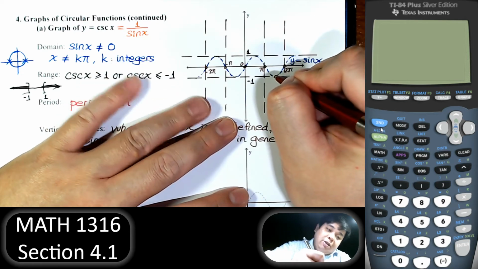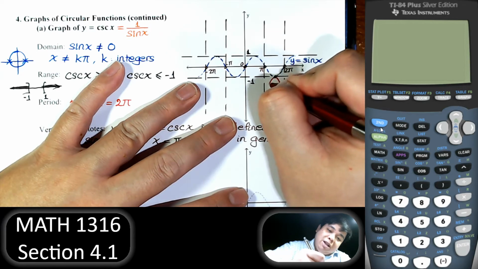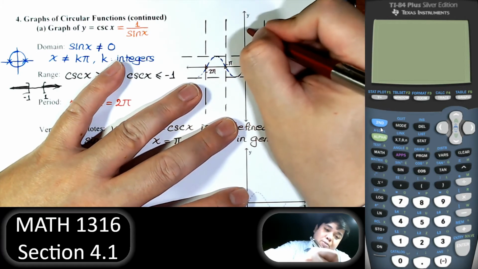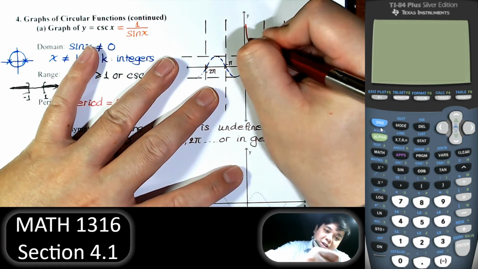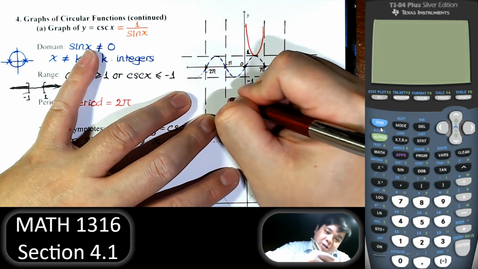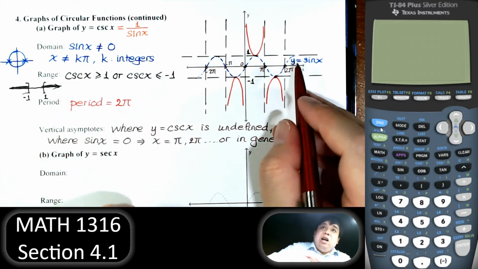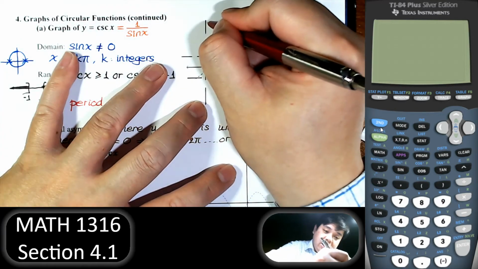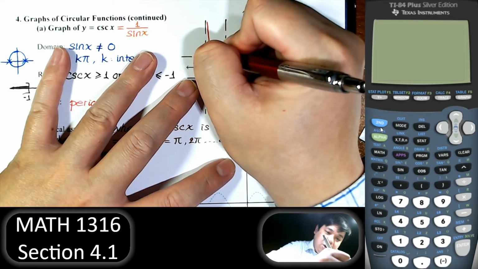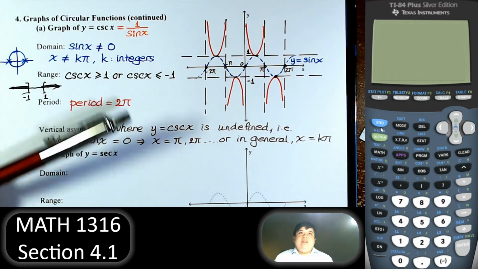So the graph of cosecant starts from the maximum and minimum. It just bounces off and approaches the asymptotes. That's why we have to draw the reciprocal function first, and then we just bounce off the maximum and the minimum. So that is the graph of cosecant.